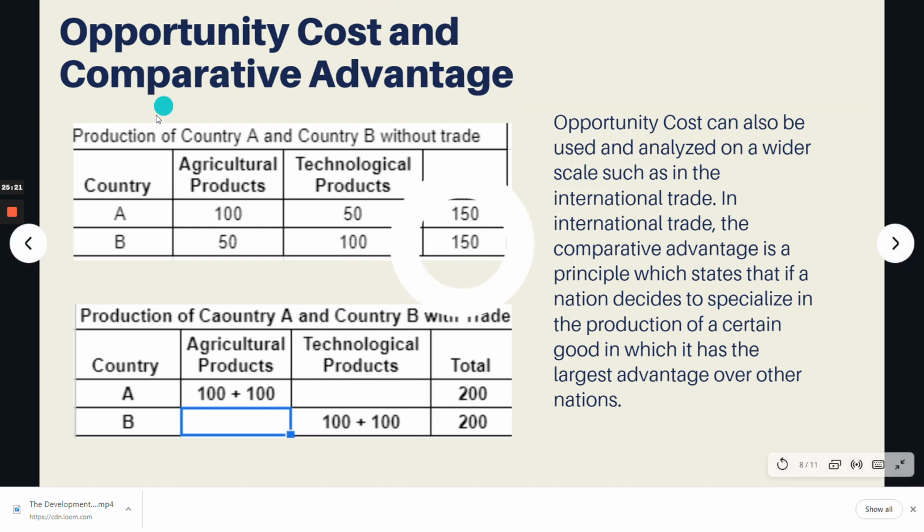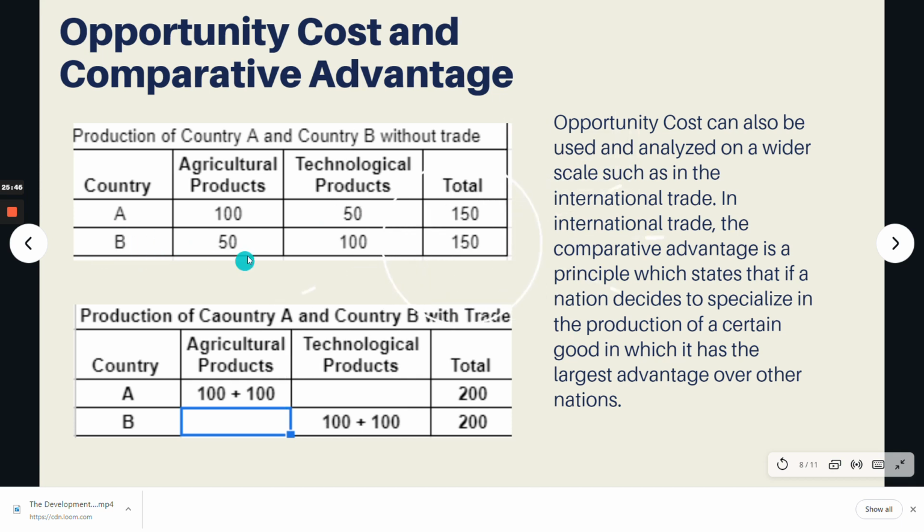So, diri sa ta sa first table, no? Na country A o si country B, agricultural products and technological products. So, for example, si Country A, kaya niyang mag-produce og 100 products sa agricultural products. Sa technological, 50 ra iyang kayang i-produce. That's a total of 150.